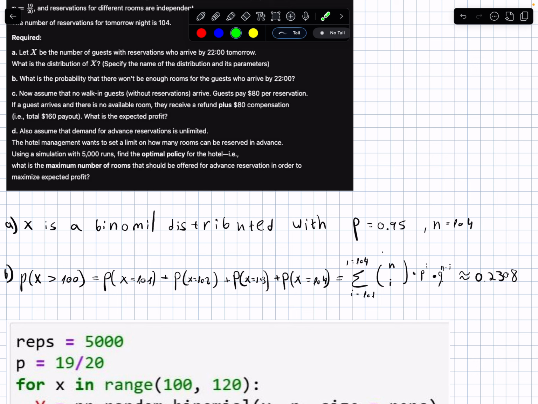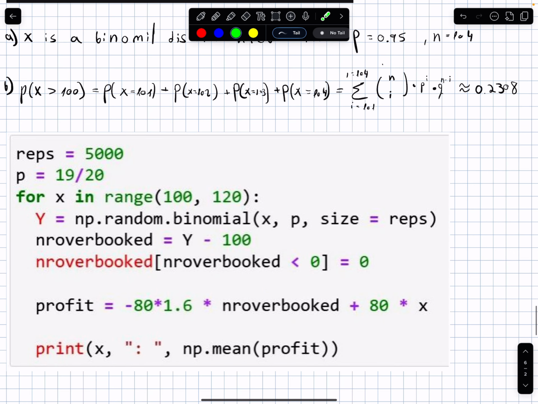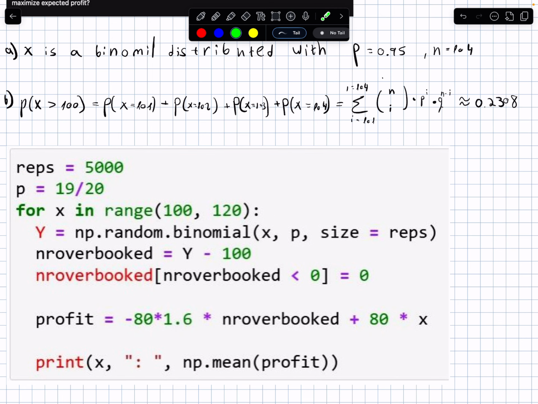The hotel management wants to set the limit on how many rooms it can reserve in advance. So what I did here was to solve using Python. So we have 5,000 repetitions, and we want for each one to see how many between 100 and 120 rooms will be the optimal number.